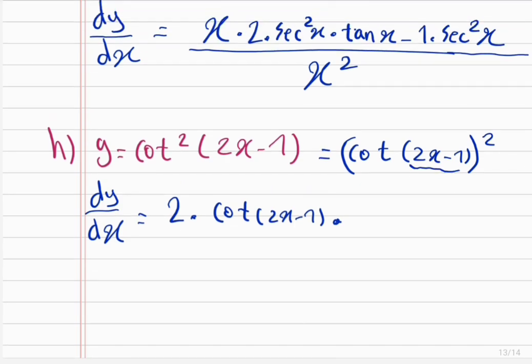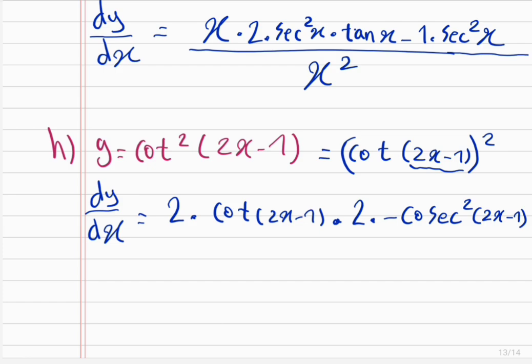This is the part that is inside the cot, and it differentiates to 2, because 2x minus 1 just differentiates to 2. And now the cot part differentiates to minus cosec squared inside the bracket, so minus cosec squared 2x minus 1.